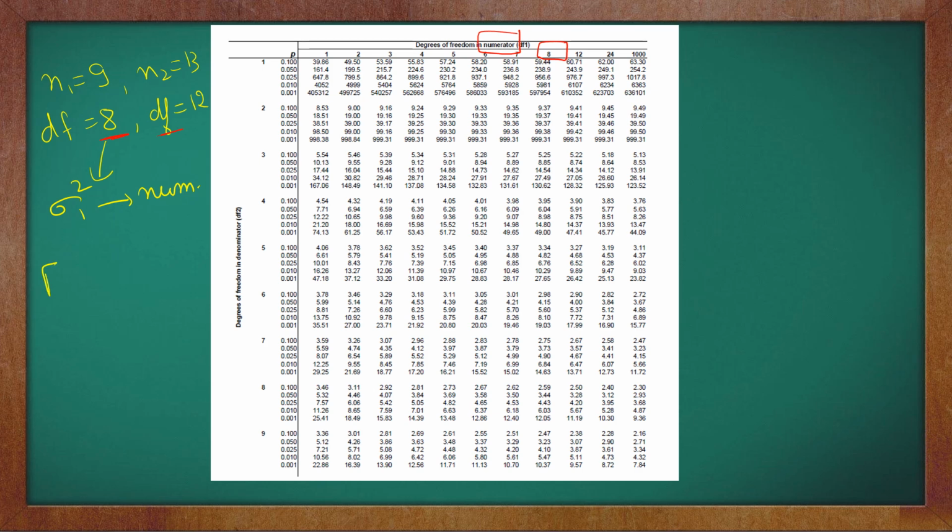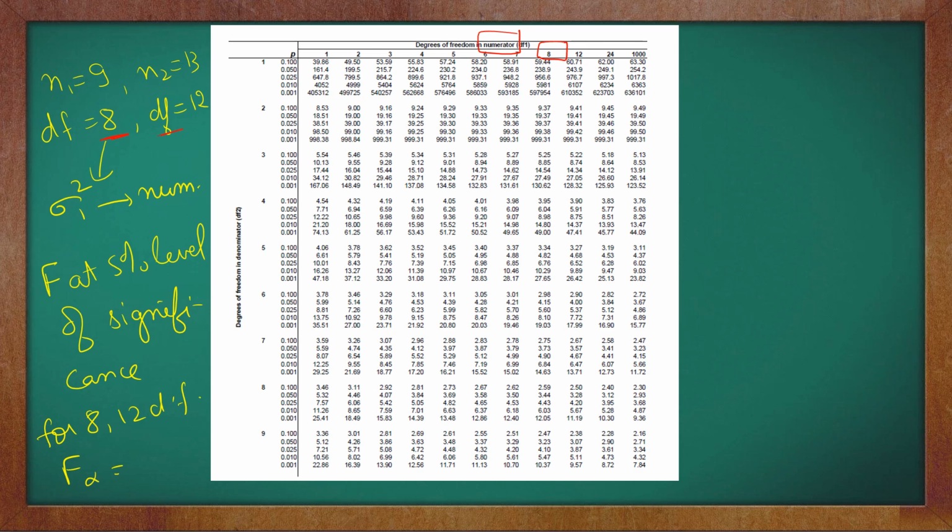So for my F test at 5% level of significance, for 8 and 12 degrees of freedom, the table value is, I'm mentioning over here, 2.85.